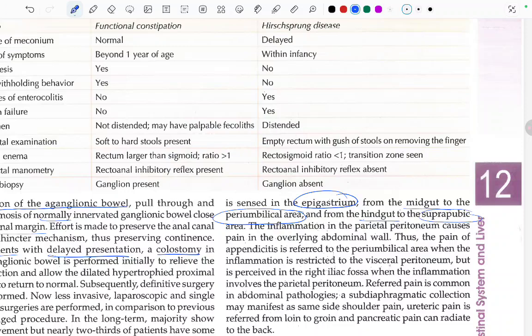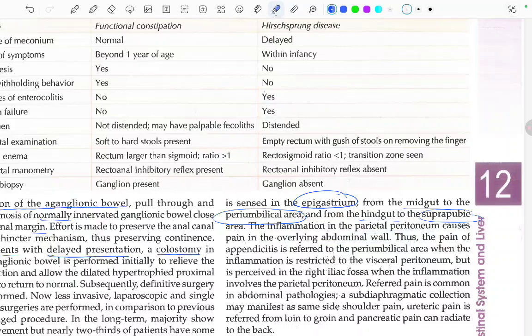Okay. The inflammation in the parietal peritoneum causes pain in the overlying abdominal wall. If there is any inflammation in the parietal peritoneum, then the overlying abdominal wall is where the pain will be present. Thus, the pain of appendicitis is referred to the periumbilical area when the inflammation is restricted to the visceral peritoneum.